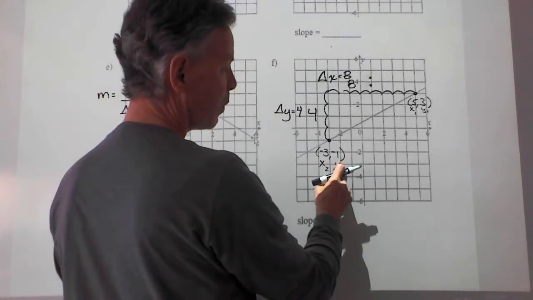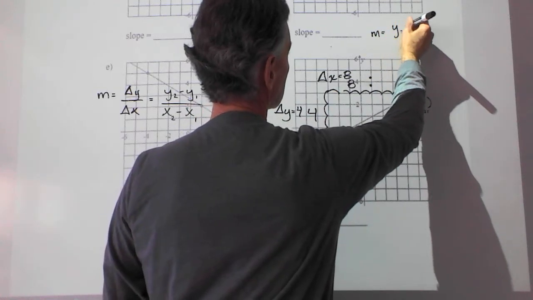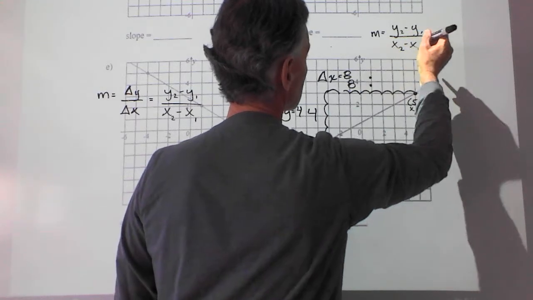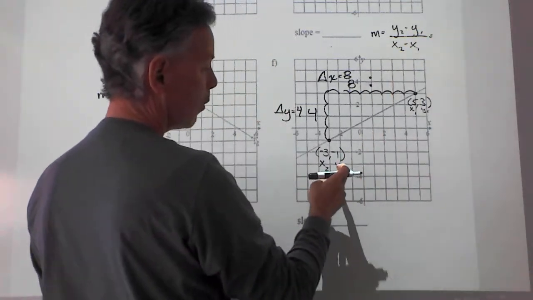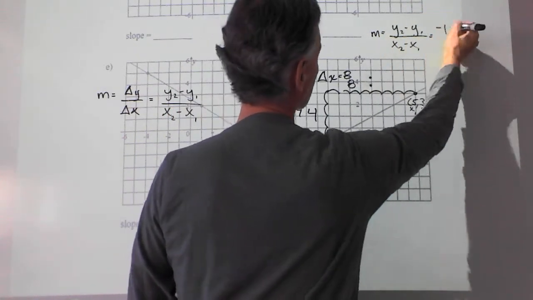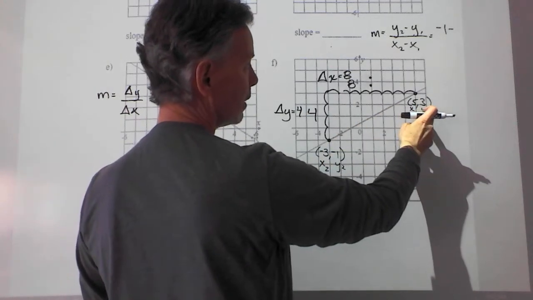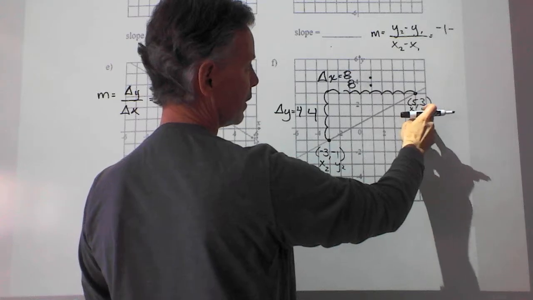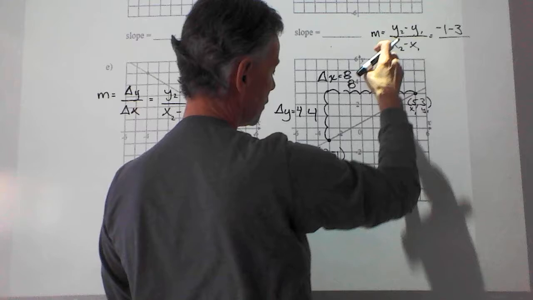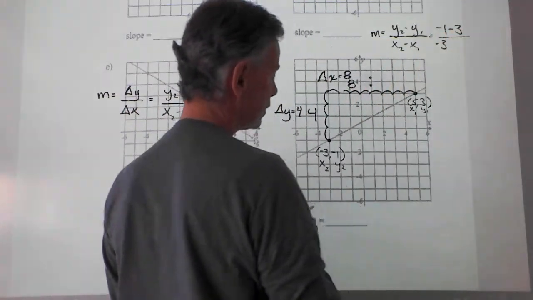Well, if we take y2, y2 is negative 1, so where you see y2, you plug negative 1, and y1 is positive 3. On the bottom, our x2 is negative 3, so we're going to plug in negative 3.